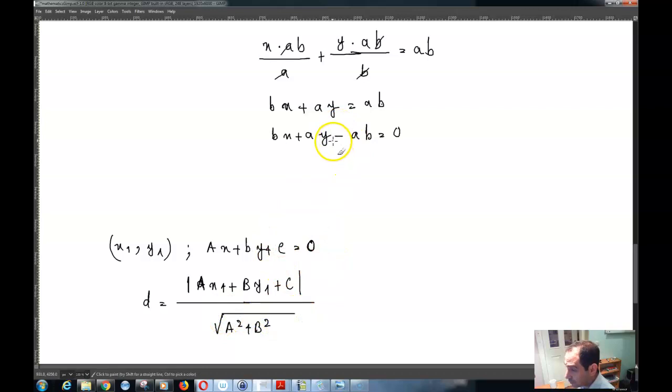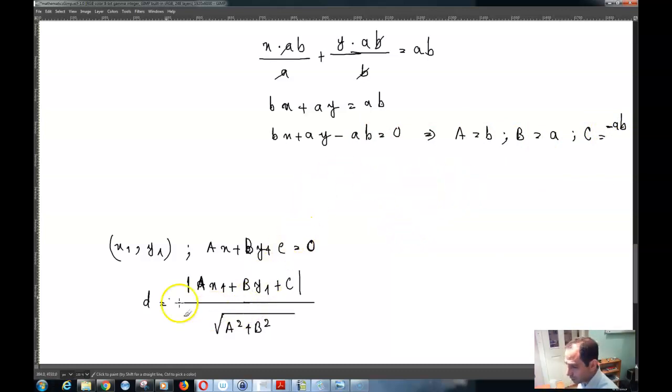Now if you compare this equation to this equation, you can see that your A over here is equal to the lowercase b, your B over here is equal to the lowercase a, and your C over here is negative ab.